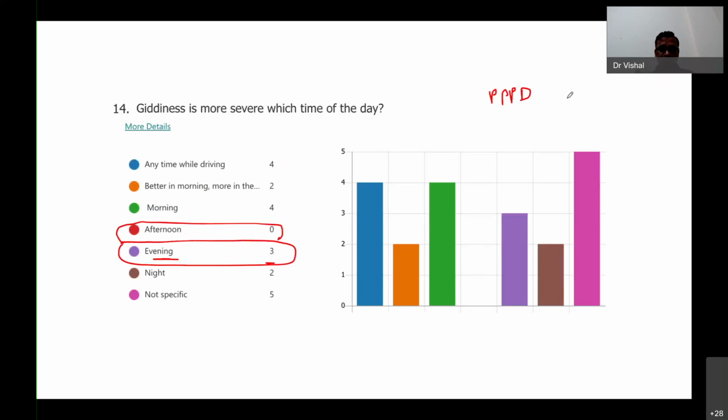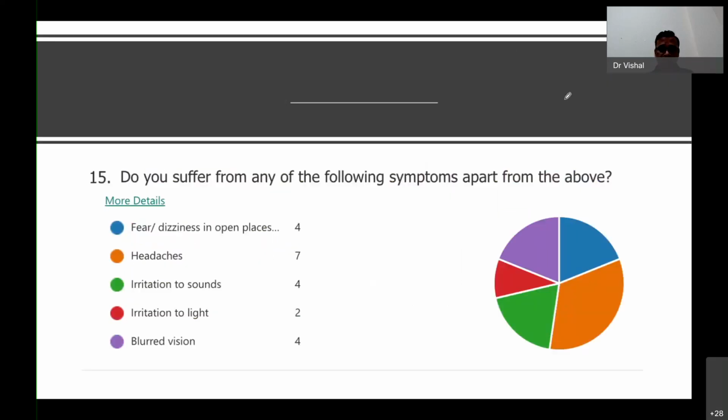We have to see whether they are developing or already have this particular functional disorder. And any of the symptoms apart from the above, again this symptom is very important: fear or dizziness in open places was seen in 4 patients. So these are the patients who have associated agoraphobia, which could be a marker of functional dizziness.